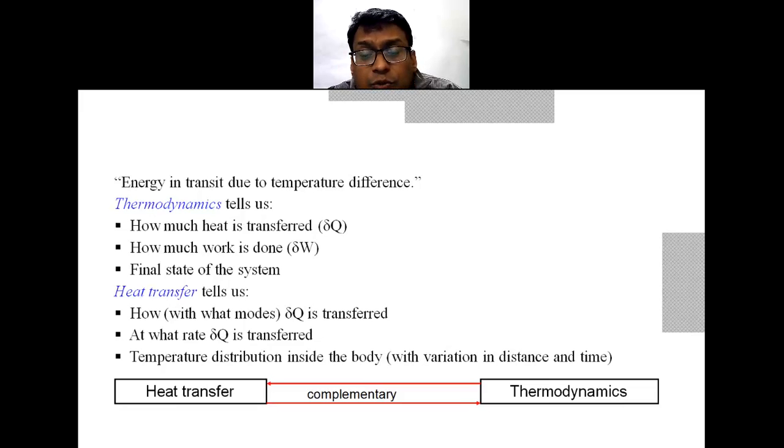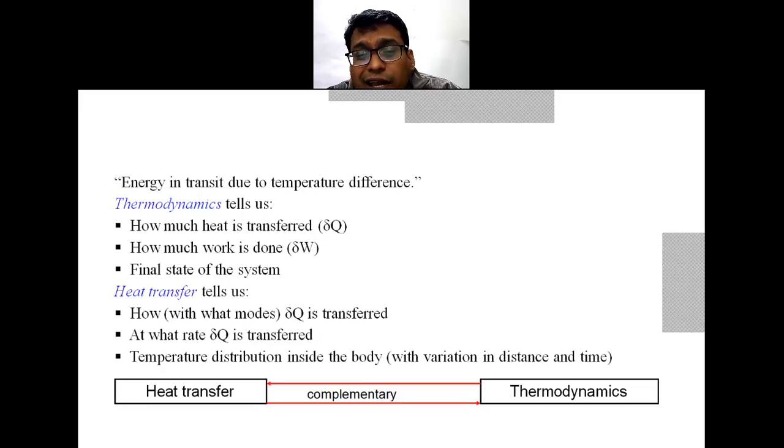Then the temperature distribution inside the body. This is of more concern, or more detailing, in heat transfer: the temperature distribution inside the body, that is the variation with respect to time as well as with respect to distance. At a particular point at a certain time the temperature was this, and at another time at this point the temperature is that.